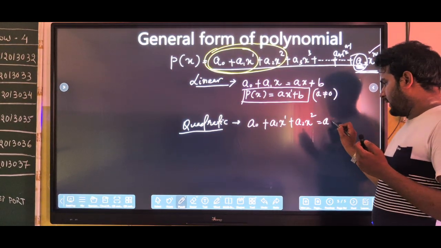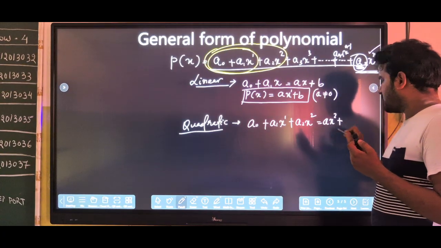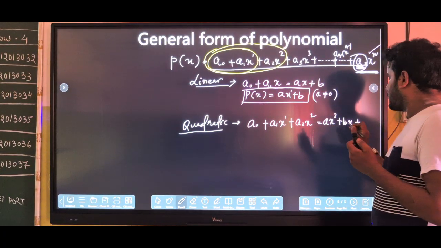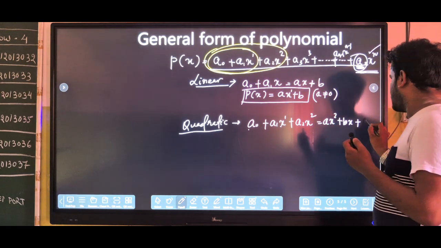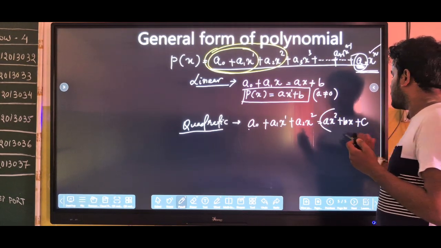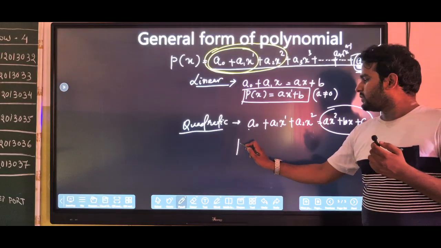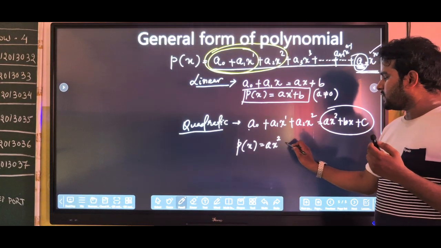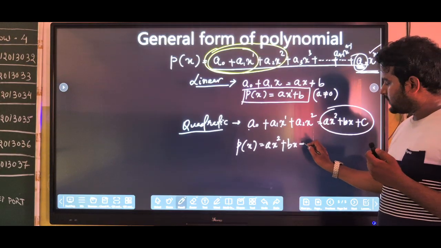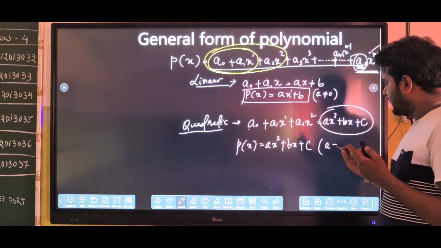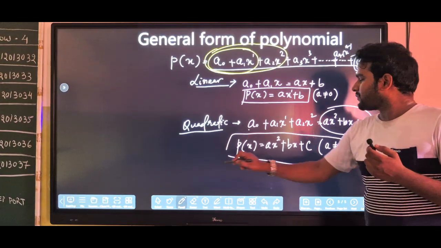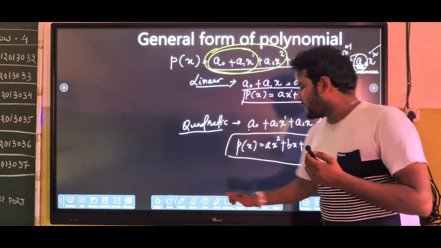A2 becomes Ax square, A1 becomes B, and A0 becomes the constant C. So this is the general form of a quadratic polynomial, that is Ax square plus Bx plus C, where A is non-zero. Very simple. Okay, this is for quadratic.